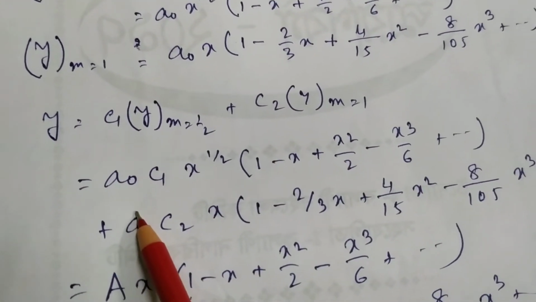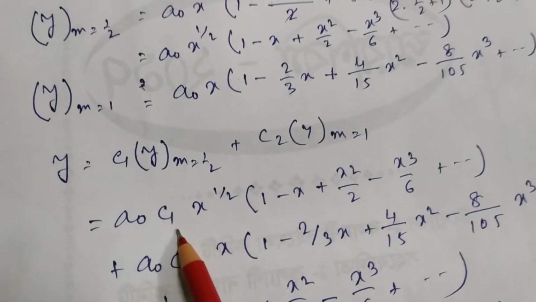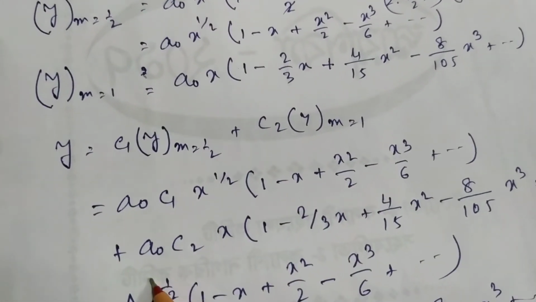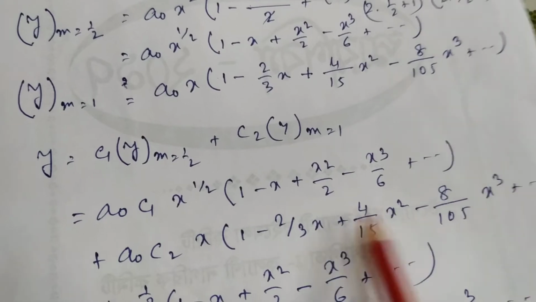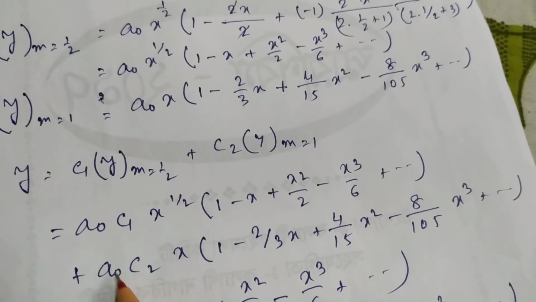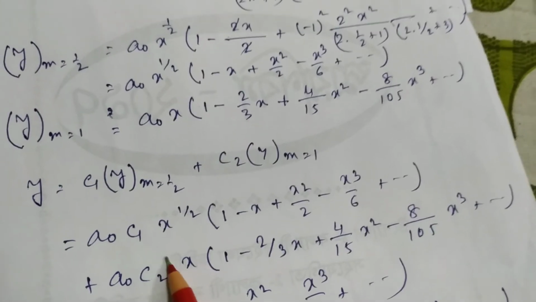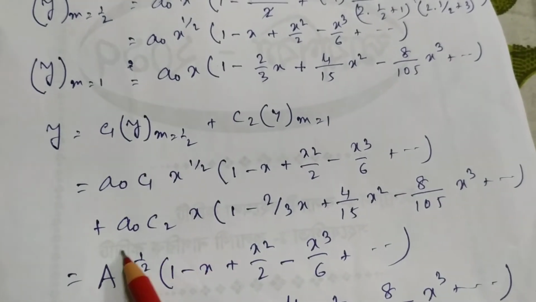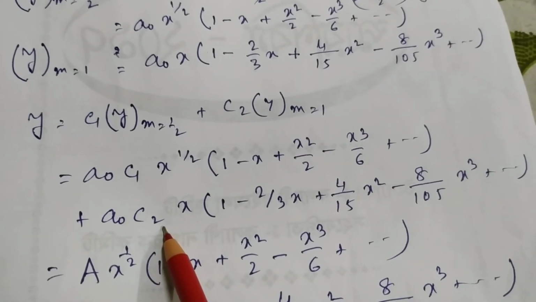So this is our general solution. A naught C1 into this, A naught C2 into this. Here C1 and C2 are constants, and A naught is also a constant. So A naught C1 and A naught C2 are all arbitrary constants.